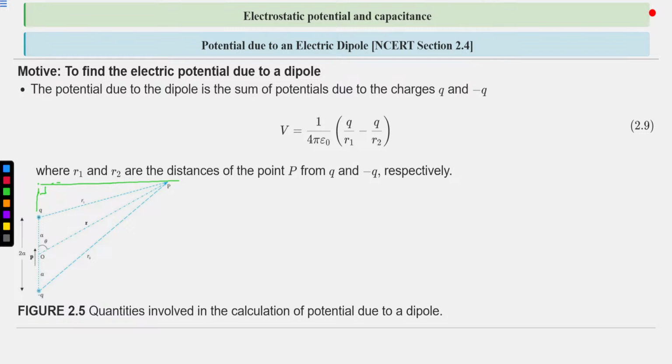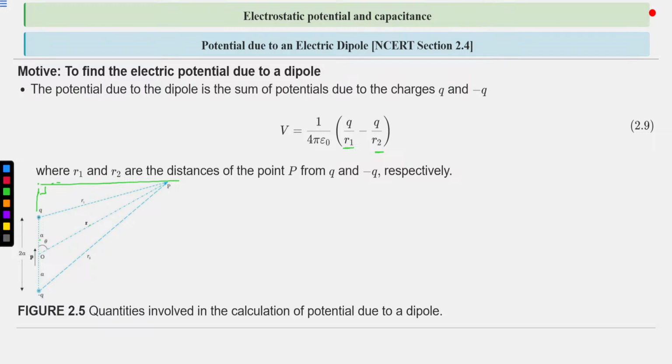Then after applying the geometrical terms, you can find this R1 and R2 in terms of a and R by applying the Pythagoras theorem in this triangle.